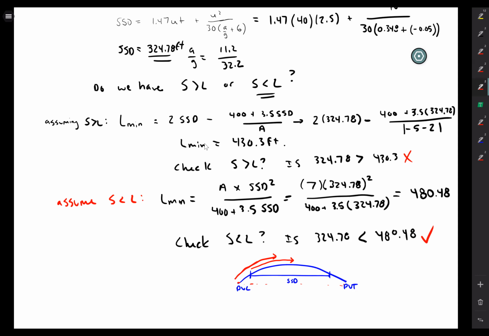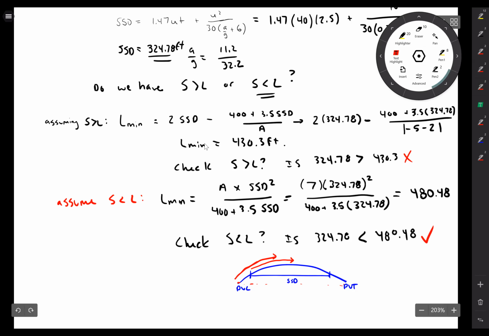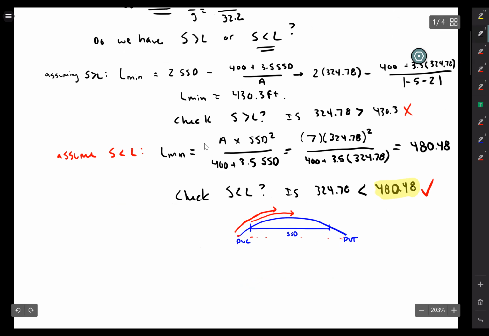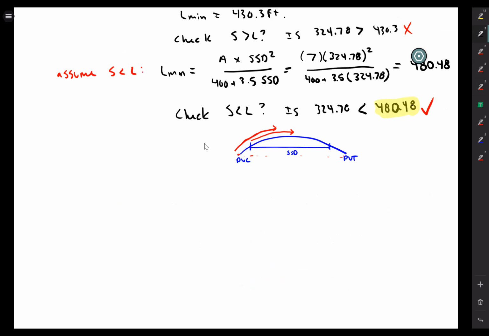Okay, so that said, we have 480.48 feet as the distance that's going to satisfy our L min for sight distance. I'll just put a highlight on that. Because this is a sag curve, I still need to check our comfort criteria and our appearance criteria.